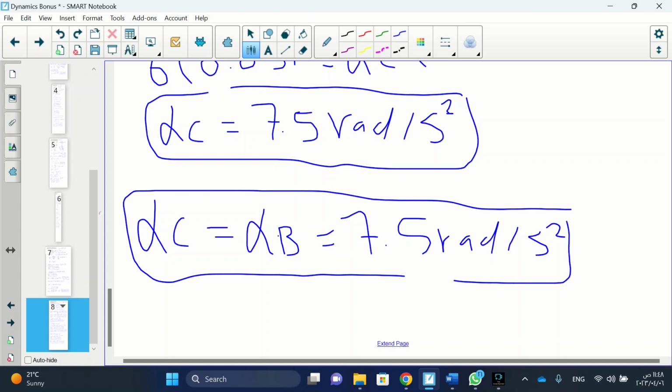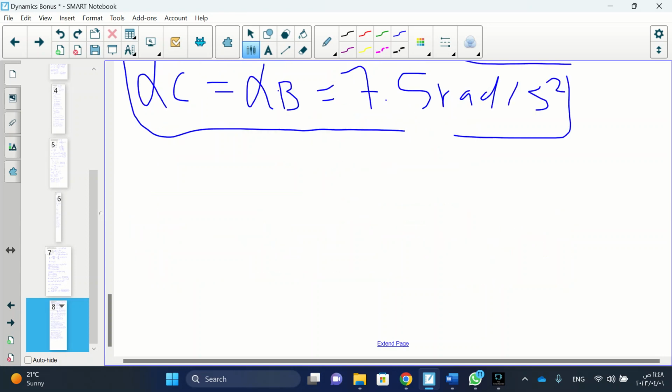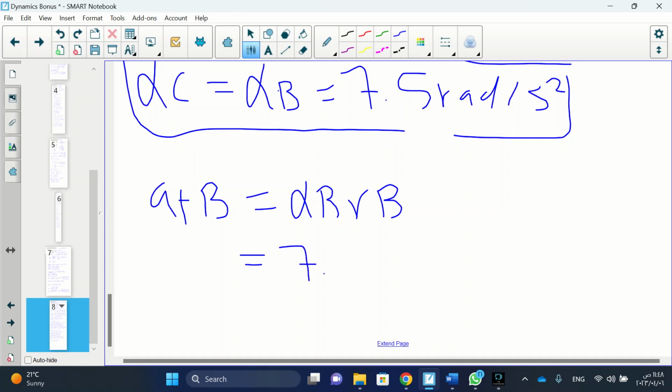Okay, now we know alpha B, we know omega B. Let's find A tangential at B. It's equal to alpha B times RB. It's equal to 7.5 times RB, which is 0.06.